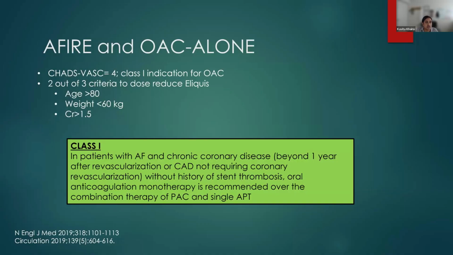And in terms of dose reduction, this patient met 2 out of the 3 criteria for dose reduction of Eliquis. She was more than 80 years old and her creatinine was more than 1.5. So she would meet indication for a dose reduction.